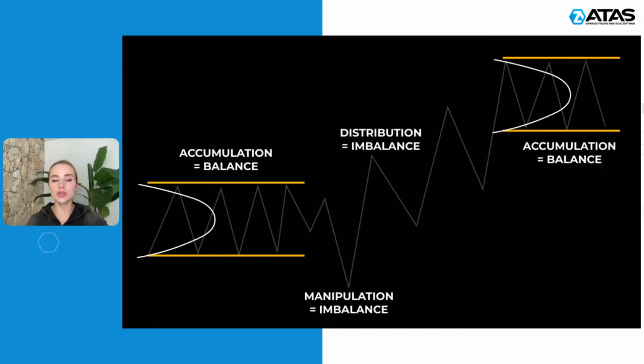And in distribution, in the trending phase, volume generally gradually increases or decreases, but it's lower than in the phase of the accumulation and not as aggressive as in the period of manipulation.